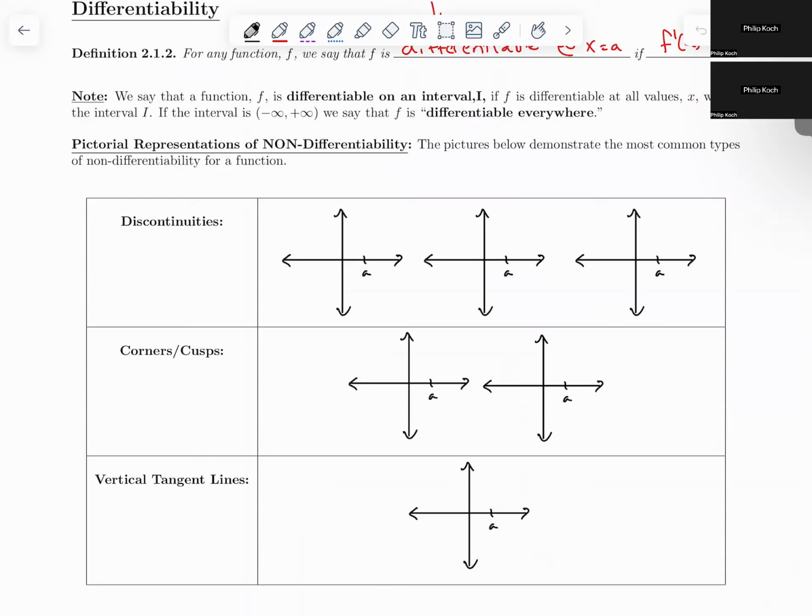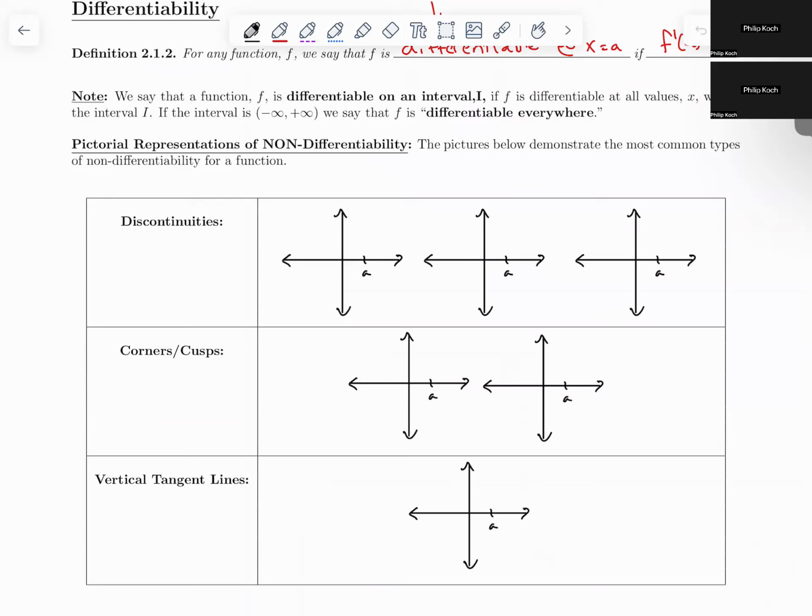Okay, so some discontinuities. Discontinuities cause differentiability issues. One situation would be something like this. This function is differentiable everywhere except at a, and I'll explain why in just a moment.